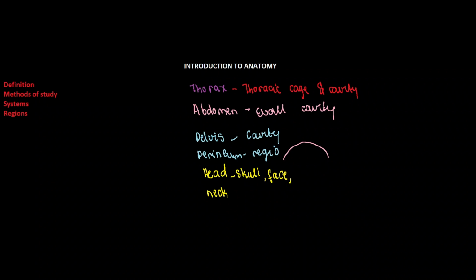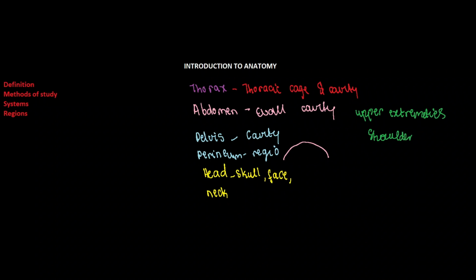Now the next two structures we'll be considering are not very closely, but are closely related. We have the upper limb, which is also known as the upper extremity.